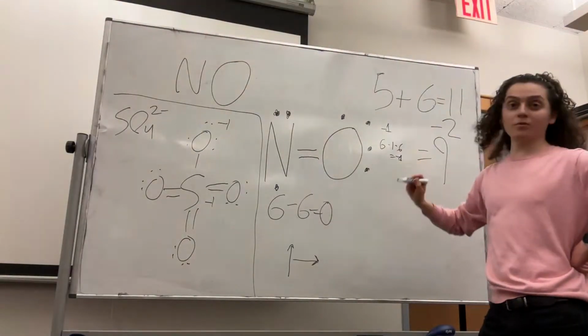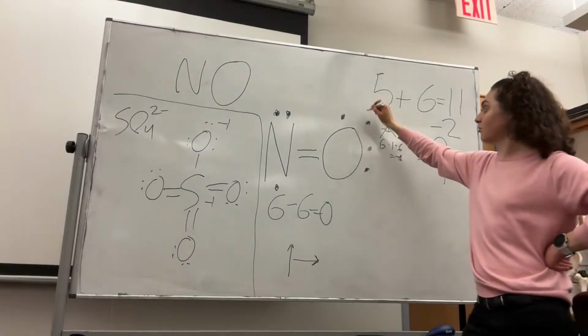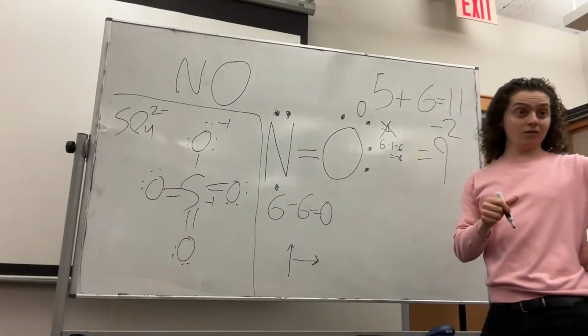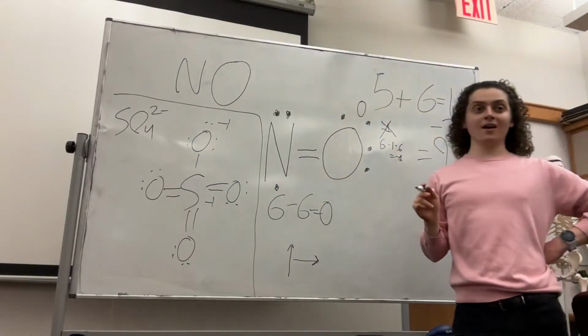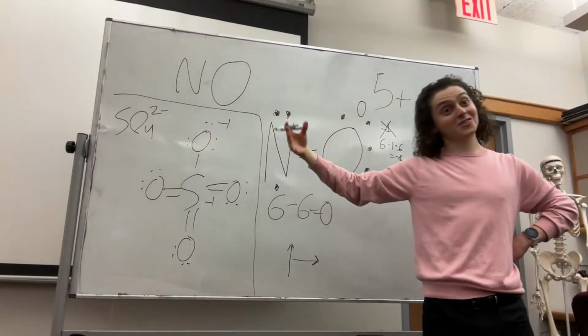This solves another problem, which is that it cancels out the formal charge on oxygen. Oxygen now has a formal charge of 0, which is good. Nitrogen doesn't have 8 valence electrons here, which is a problem.